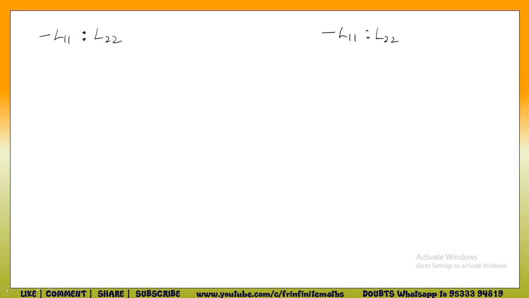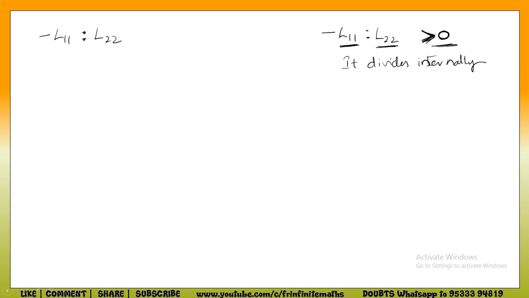Already we know, if the ratio is positive, that means it divides internally. So if it divides internally, this ratio should become positive. For this ratio to be positive, if L22 is positive, L11 should be negative, right?